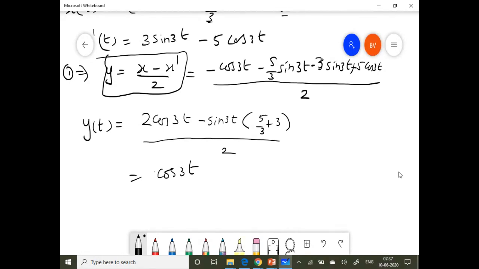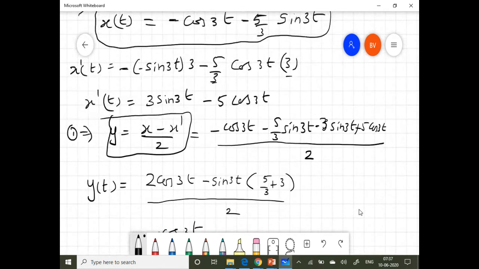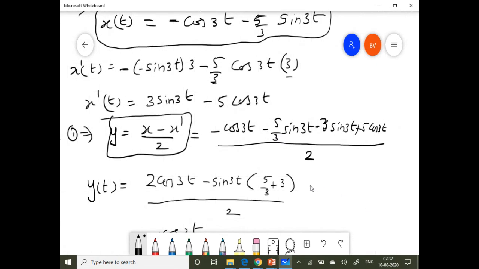Did we miss anything? X is minus cosine 3t minus 5 over 3 sine 3t.